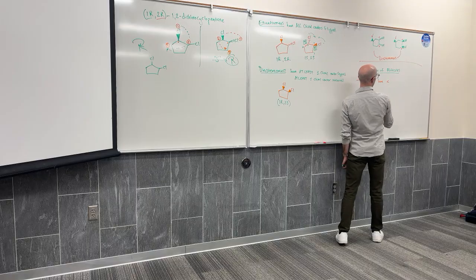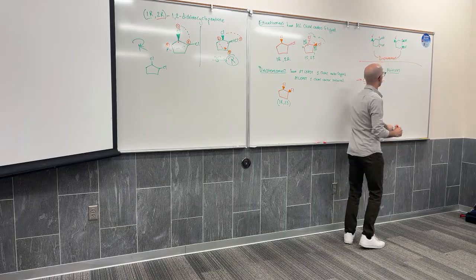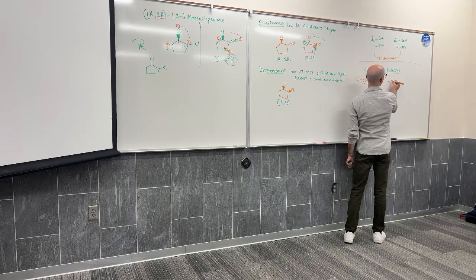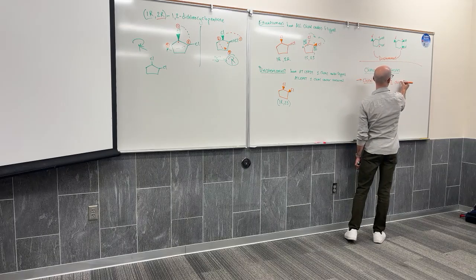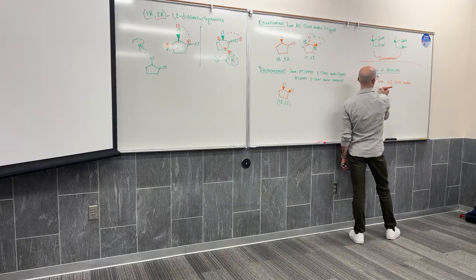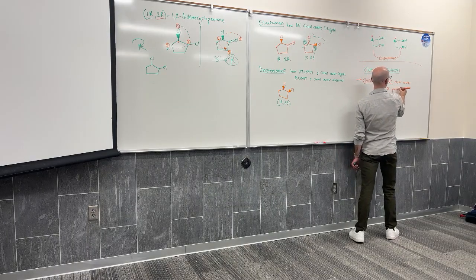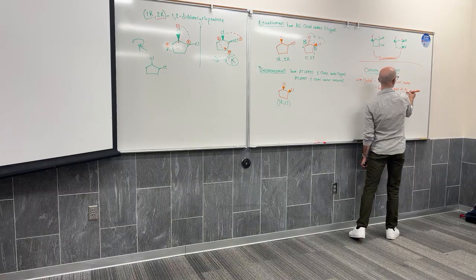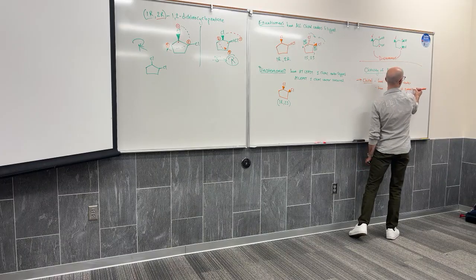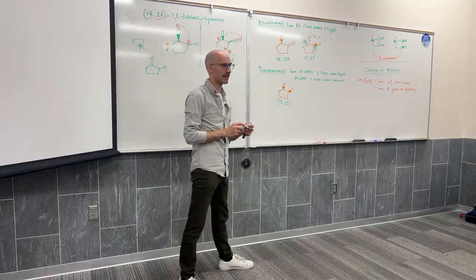They have at least one chiral center, and they have 0 planes of symmetry. Well, that's the definition of being chiral, is lacking symmetry.